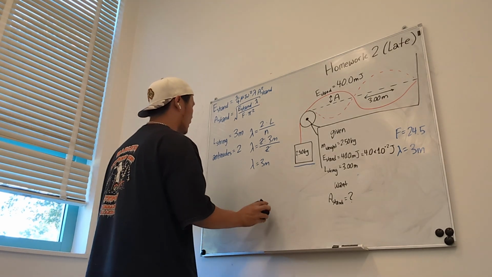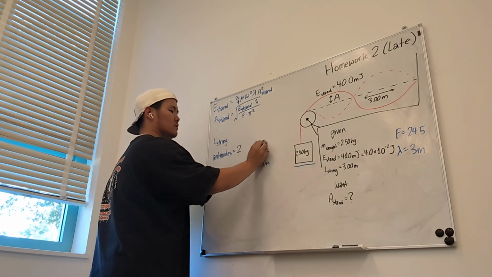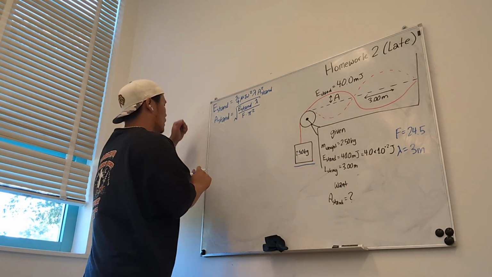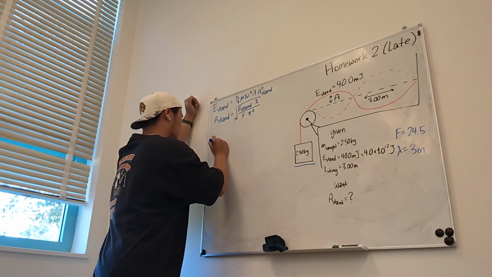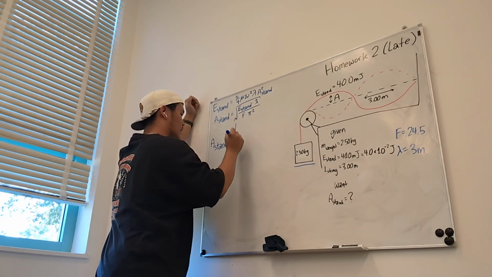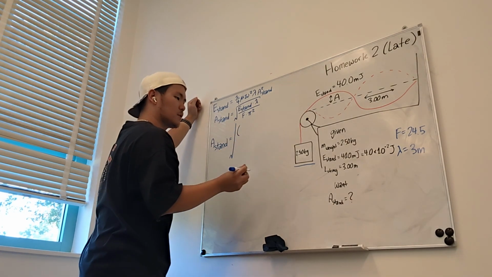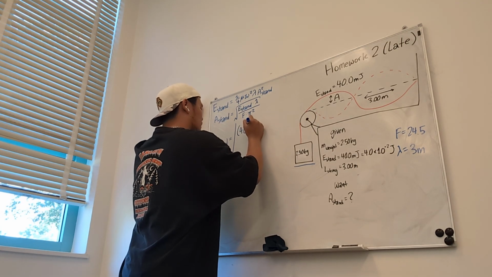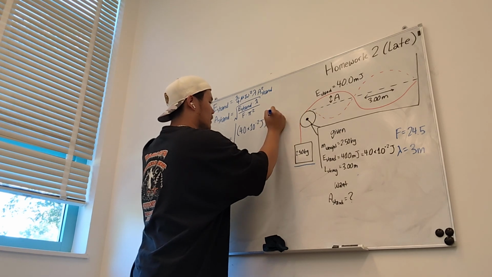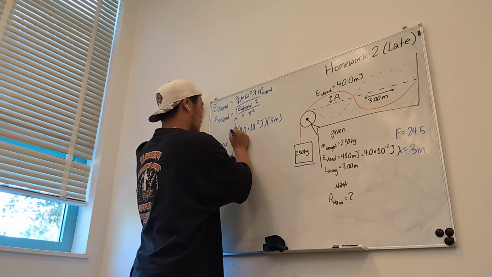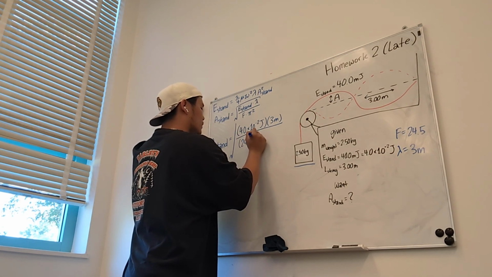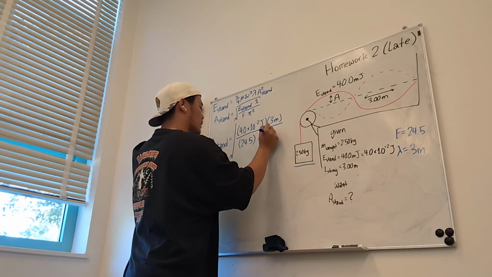And at this point, we have pretty much everything that we might need to plug in for our amplitude. So let's do it. Amplitude of the standing wave is equal to square root, we're going to make it nice and big, the energy of the standing wave. We're going to keep it in joules. So that's 4.0 times 10 to the negative 2 joules. The wavelength, which is calculated as 3 meters, all over force, which we calculated to be 24.5 times pi squared.